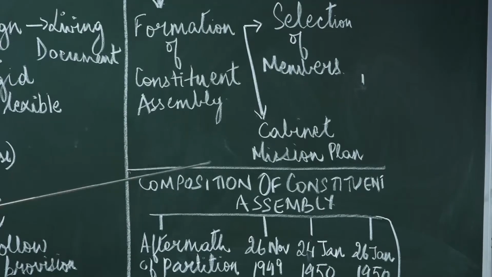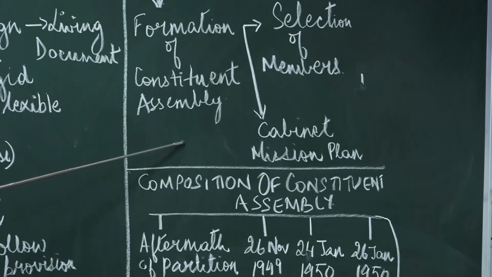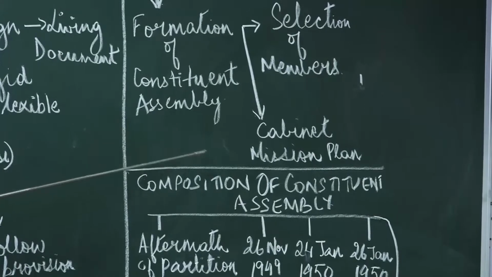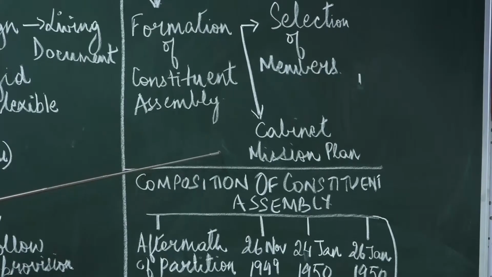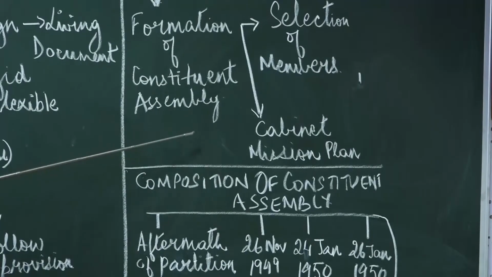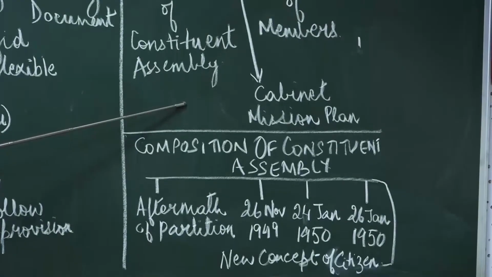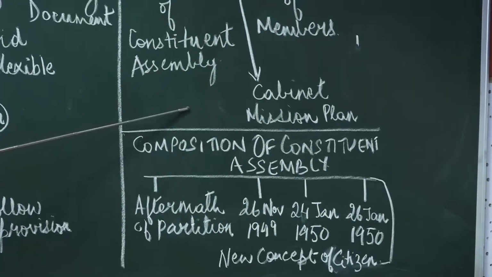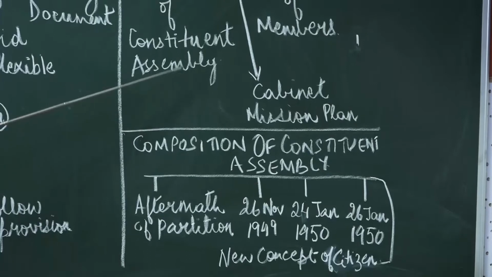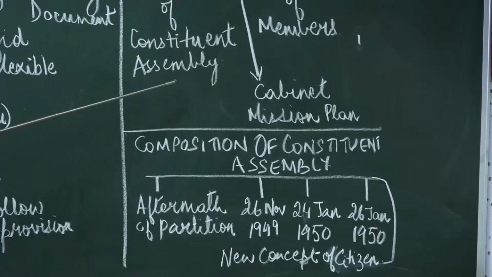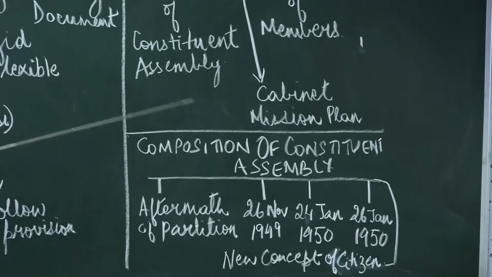So in the Cabinet Mission Plan, they decided that each province and each princely state were allotted seats proportional to their respective population. As a result, the provinces that were under direct British rule were to elect 292 members, while the princely states elected 93 seats. In that way, we got 385 members.